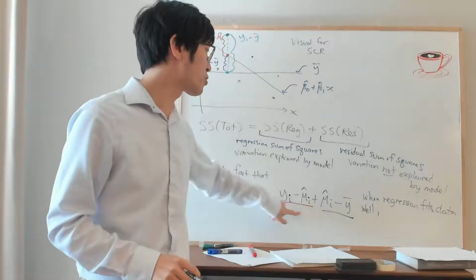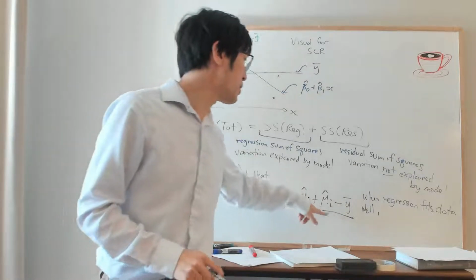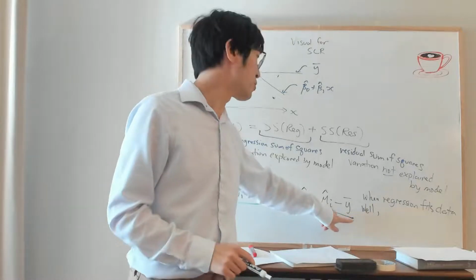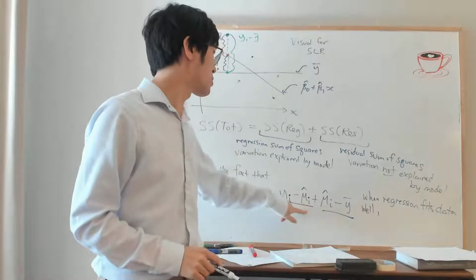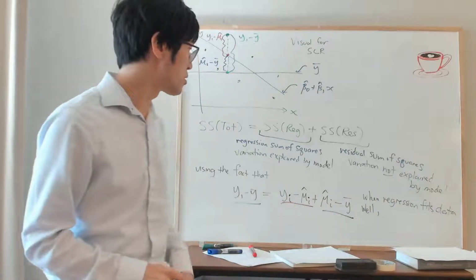So yi is going to be much closer to the fitted values than the overall mean. So the better the fit, the bigger this first piece in this decomposition will be.